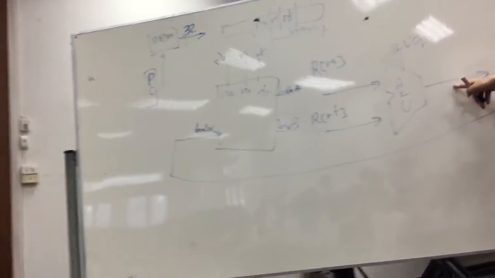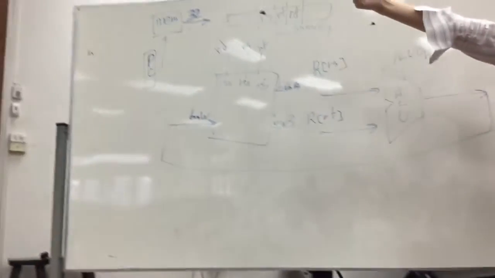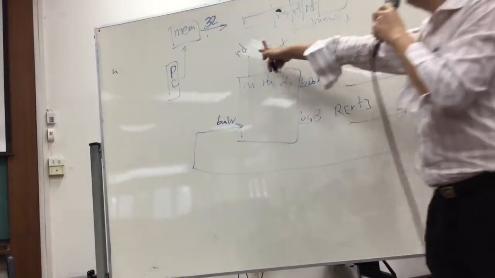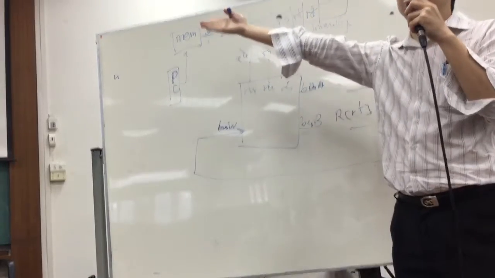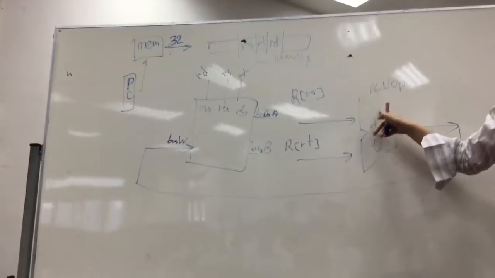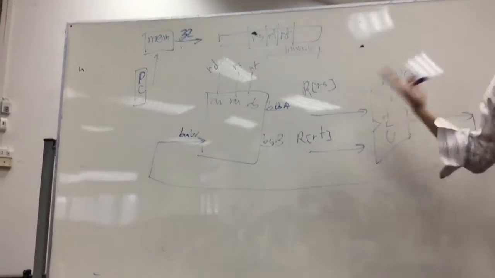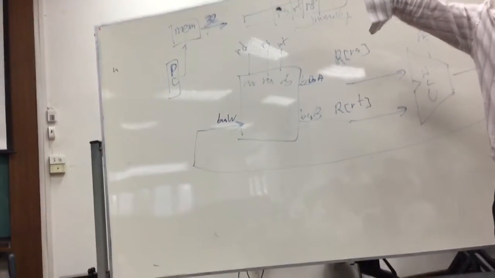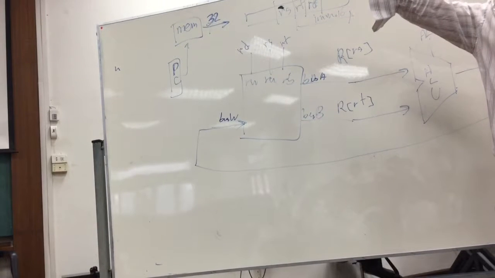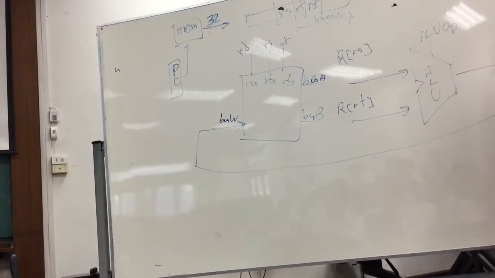And then write the result back to RRD. We already connected RRD right here. So it just works, we just have to change the ALU operation from add to subtract. So the same data path works for both the add and subtract instructions.